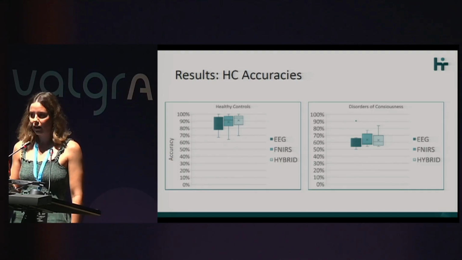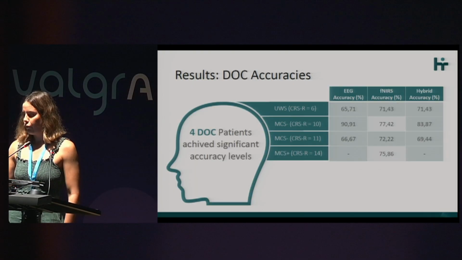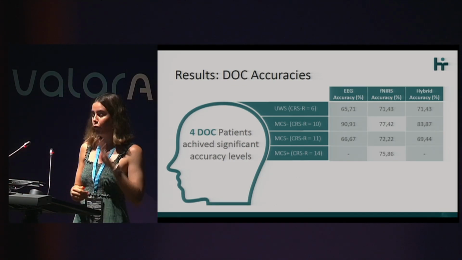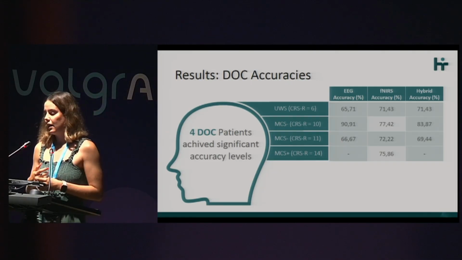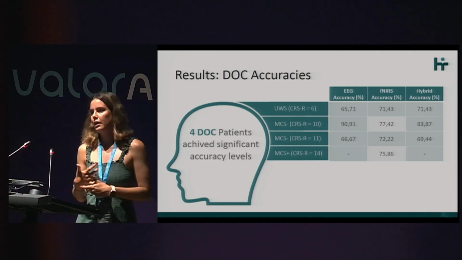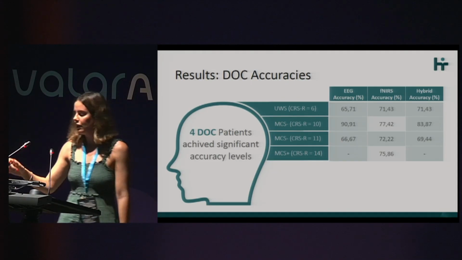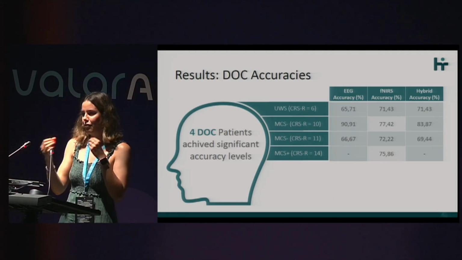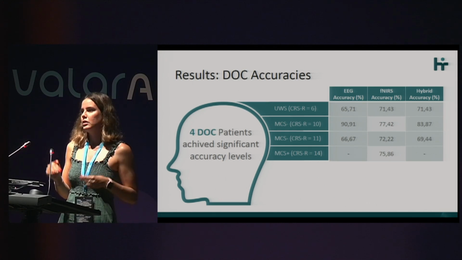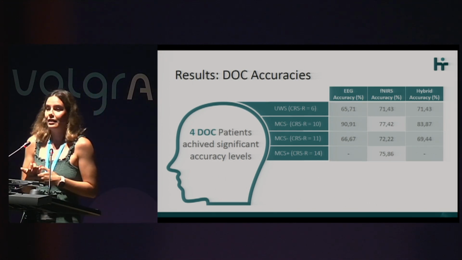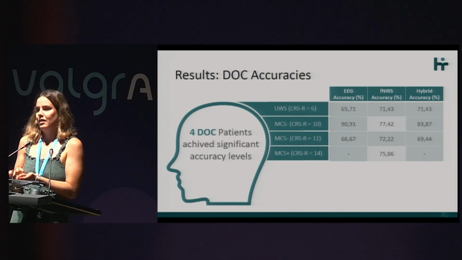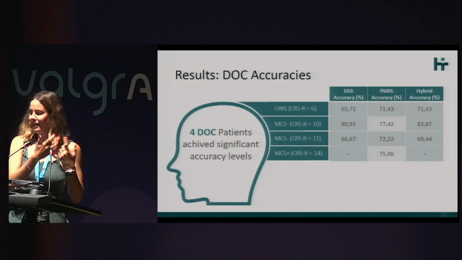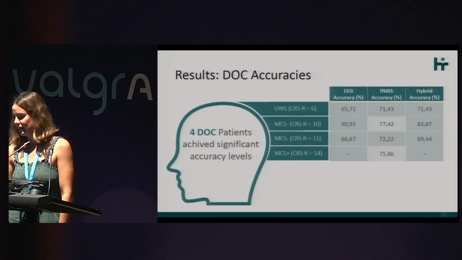The accuracies are lower, but if we analyze individually each patient, we can see that 4 patients achieve significant accuracy levels. One of them, the first one, is a vegetative state patient, which means that he has very low responses, but maybe he has covert awareness because he imagines when he has to imagine, and he rests when he has to rest.